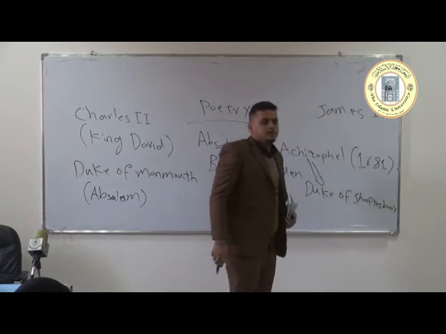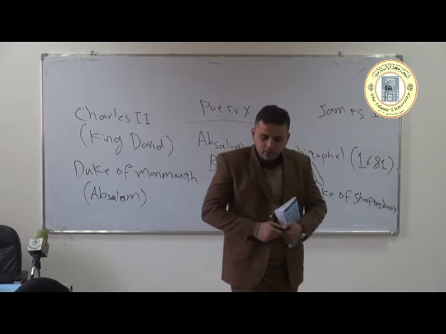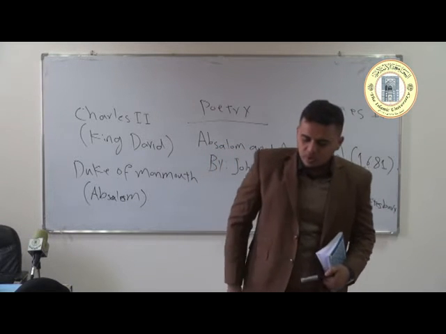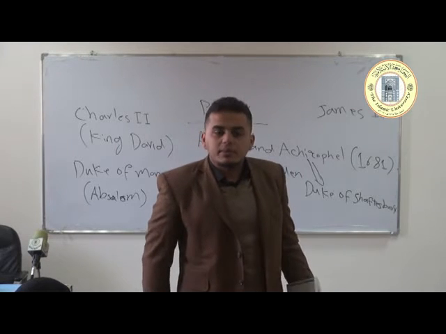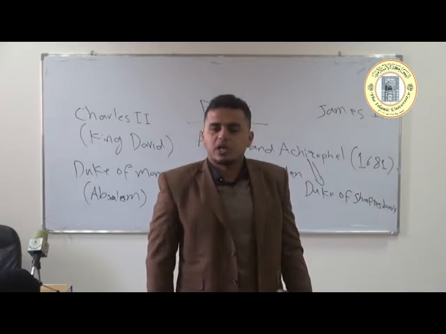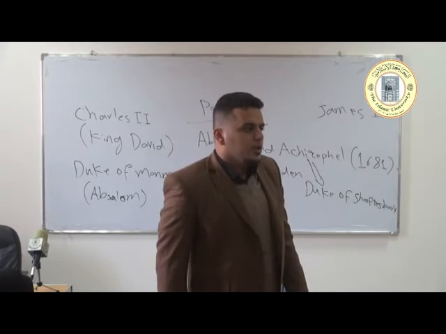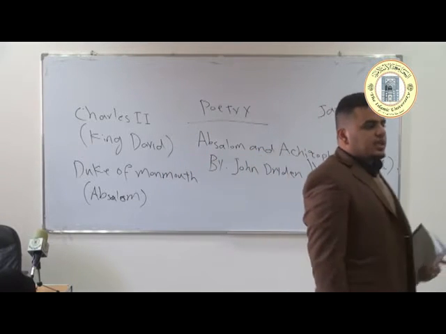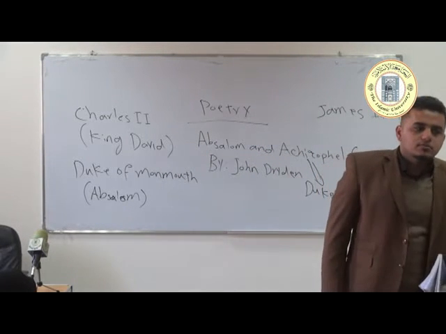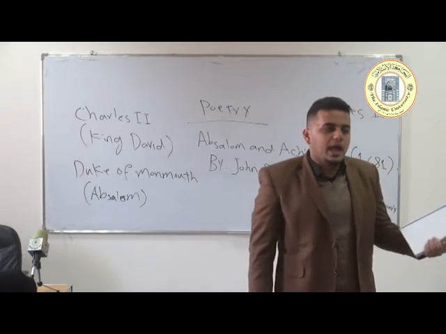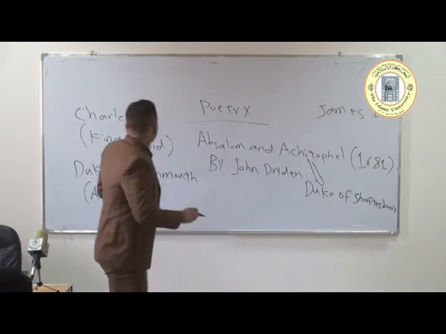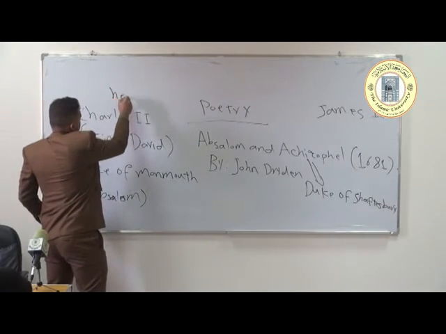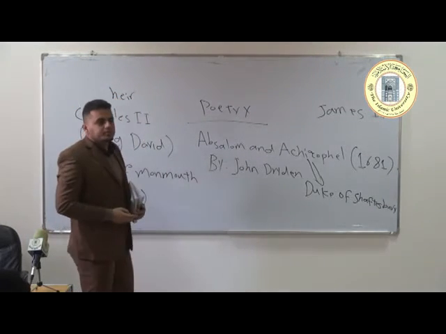Duke of Shrewsbury was an advisor to the king. At the same time, he was a minister, a wazir. But since the king chose a Catholic person to be an heir, what do you mean by heir? Yes?